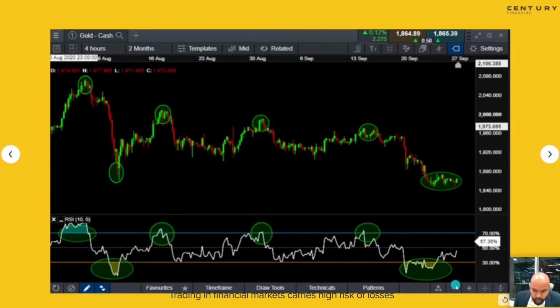RSI came below the 30% mark, which indicates a heavy oversold region. Every time it is below 30%, it indicates that the particular instrument, be it stock, commodity, or currency, is oversold. That means you can expect the buyers to come back into the market and buy back into gold.